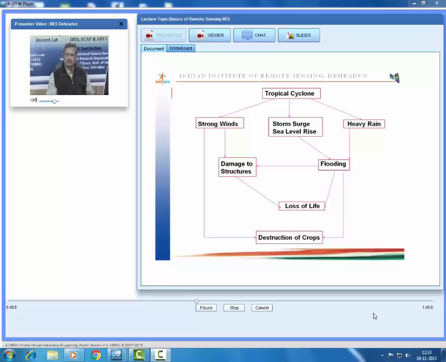Damage to structures and flooding will cause a lot of loss of life. Strong winds and flooding will also destroy crops in the area where the cyclone hits. So one tropical cyclone causes damage to structures, flooding, loss of life, and destruction of crops. Everything is happening because of one hazard.